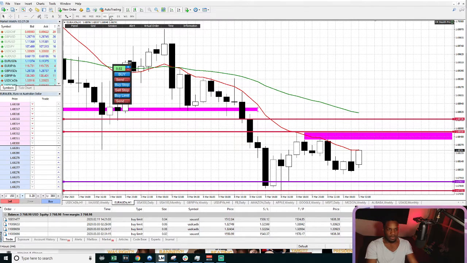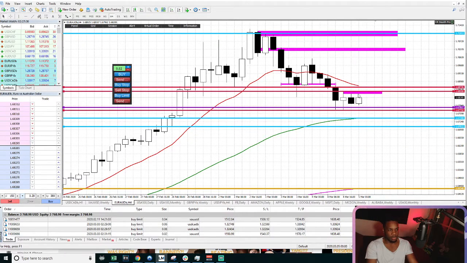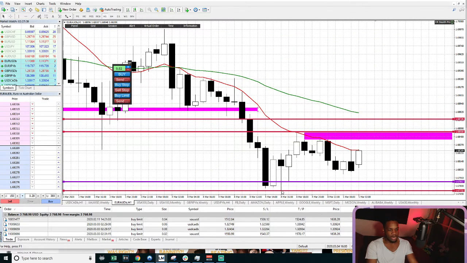I'm looking for any sort of rejection on the support line here. But if we look at that line on the hour one, you can see that it rejected off of this support, went to the resistance, and it just hasn't come back down at all yet, right? So because it hasn't come back down at all yet, I'm thinking just straight sells.